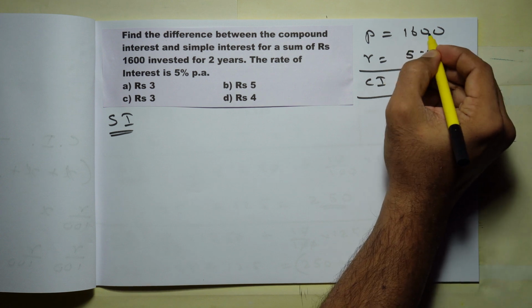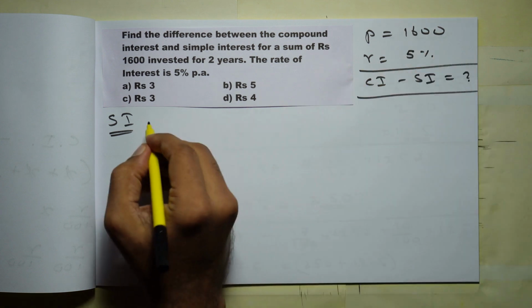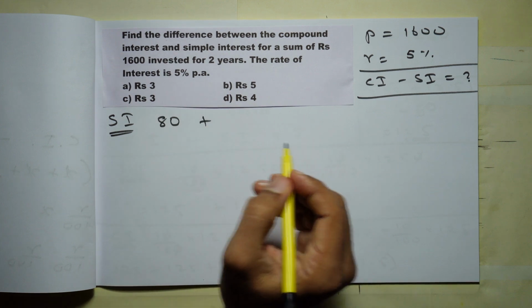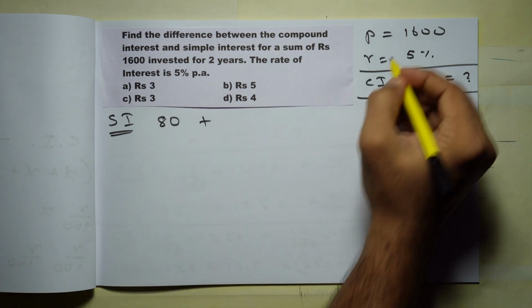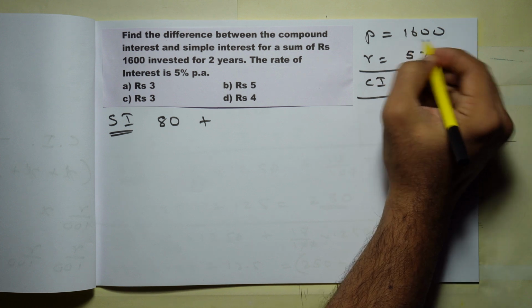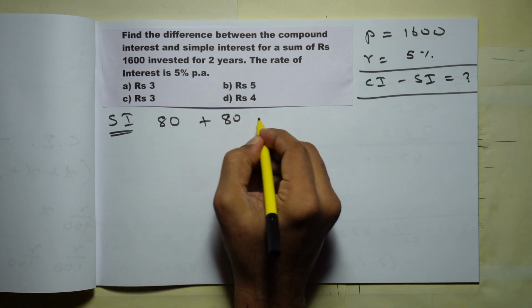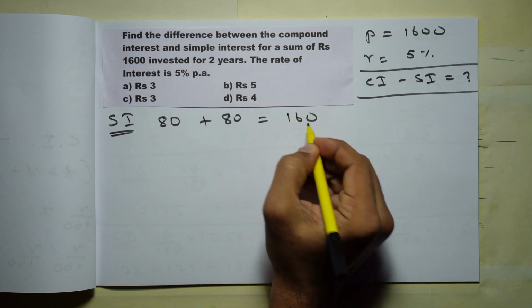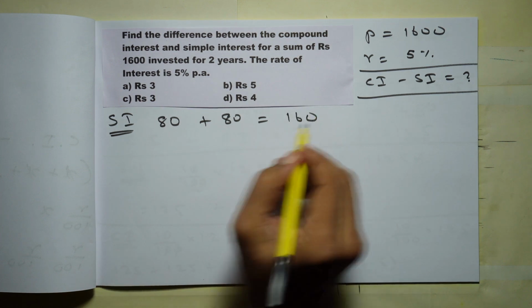So 5% will be half of that. Half of 160 is 80. So that is first year simple interest. Second year simple interest, again it will be 5% of 1600. You will get it as 80. So simple interest for 2 years is 80 plus 80, 160. That is the simple interest for 2 years.